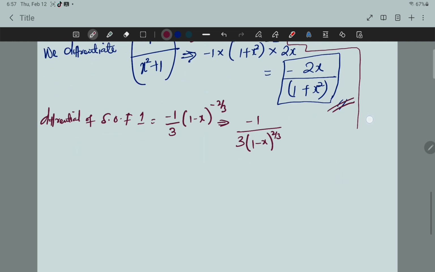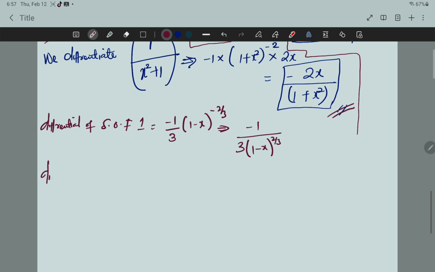This is the differential of subject of formula 1. Then the differential of subject of formula 2 will now be minus 2 all over 1 plus x, all squared to the power of 2. That's the differential of the second function.